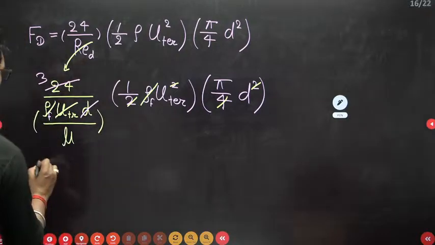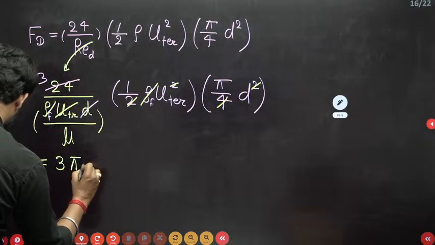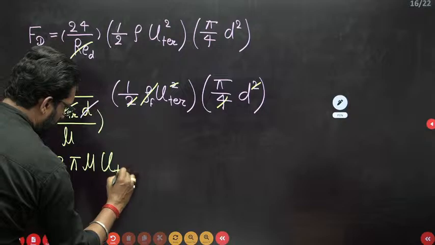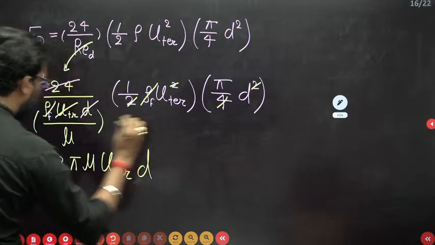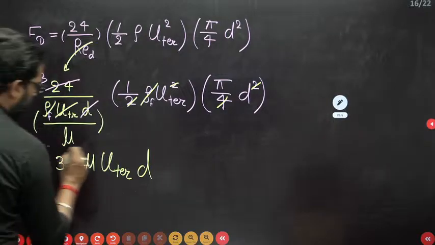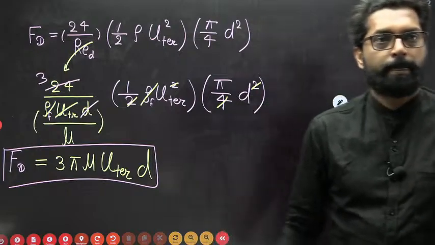The 4 cancels. So if you rearrange, this is your 3 pi mu U terminal times D. This is your drag force, and this is also called Stokes law. You can remember this value, no problem.